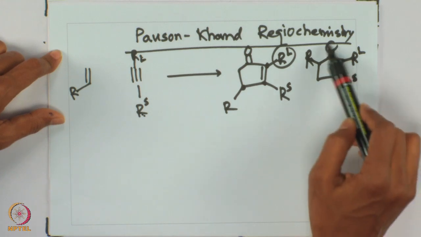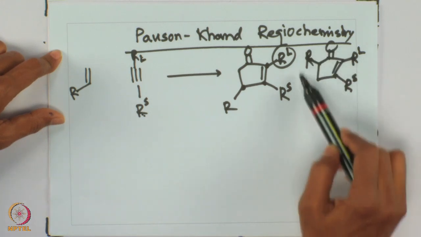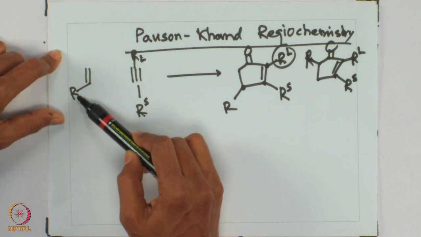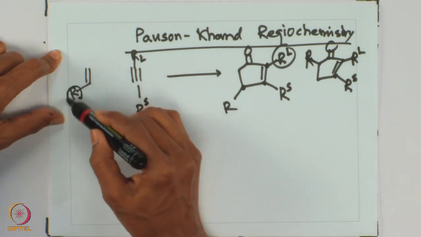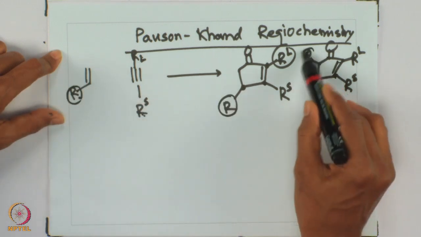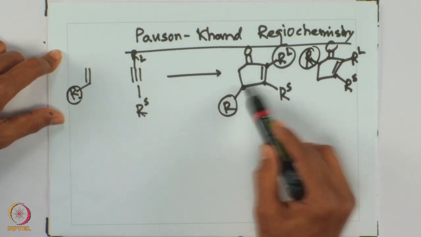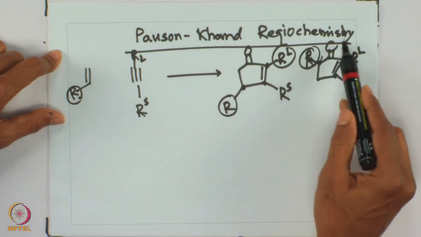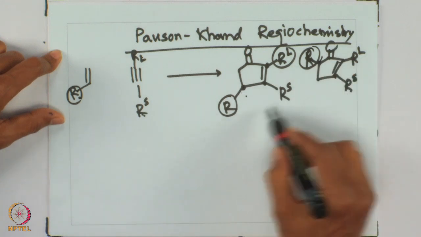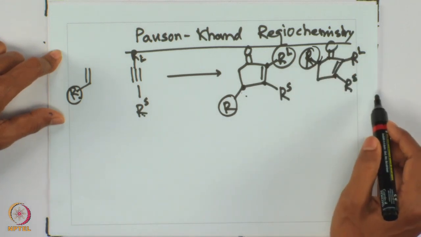far from it. Now, in this cyclopentanone, the R which is coming from this olefin can be far from the carbonyl or close to the carbonyl. This gives rise to the two regioisomers.